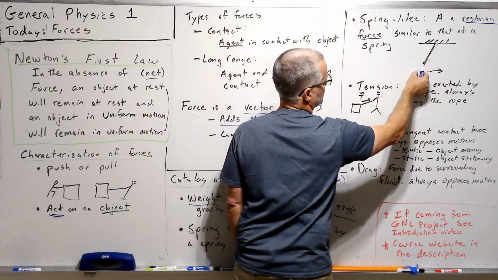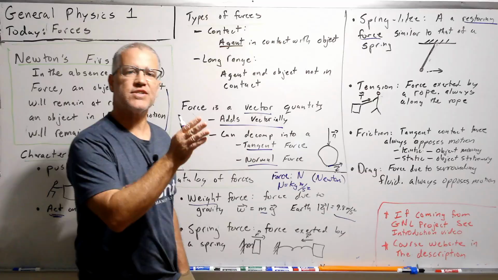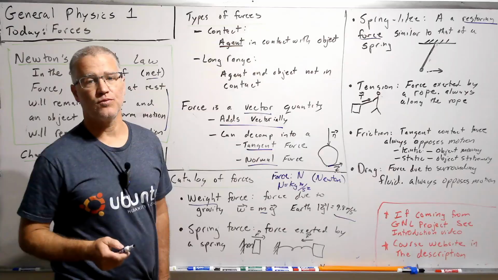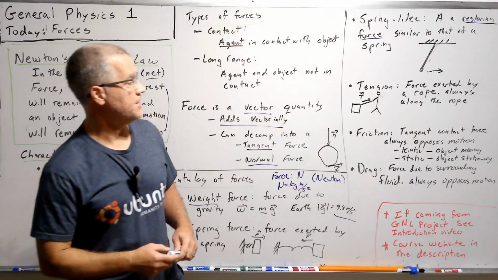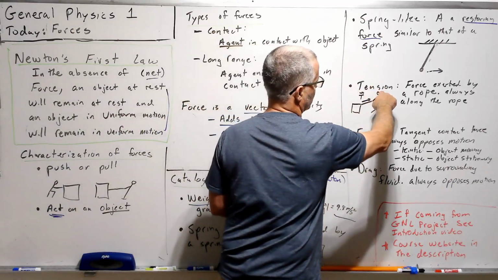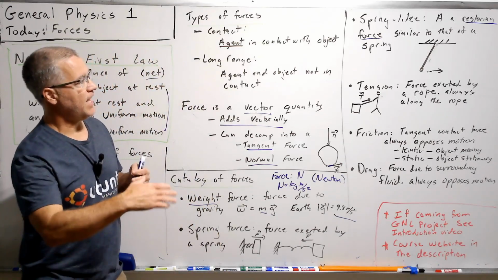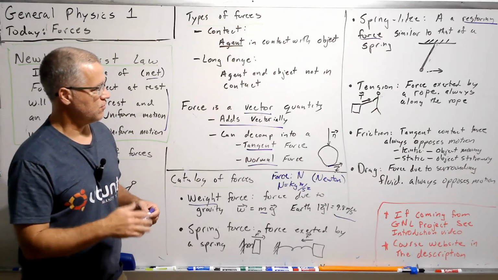If I pull it up a little this way, it will want to come back this way. If I pull it up this way, it'll want to come back this way. So it behaves kind of like a spring, so we call it spring-like. The origin of this force is the weight of the mass, so it really is a weight force. It's a weight force and a tension force, but its behavior is spring-like, so we can think of that as a spring-like restoring force.